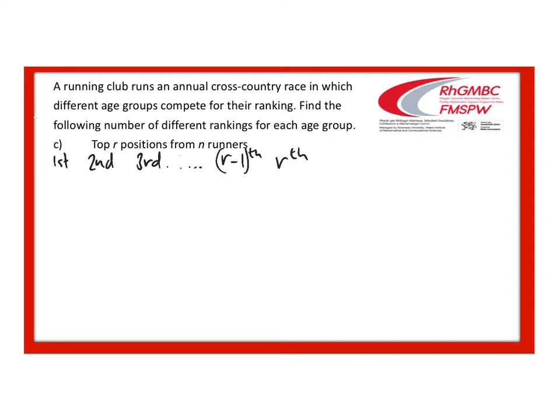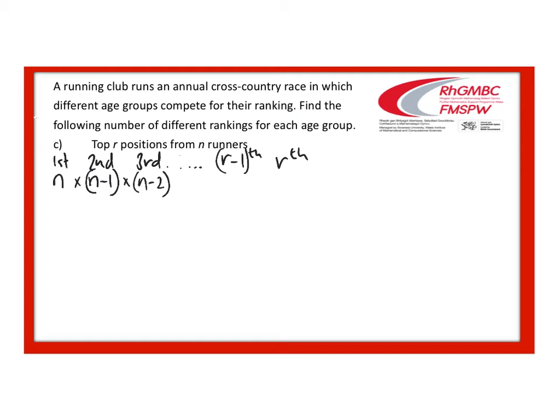So, in first position, we could have n runners, times by the number of runners that could come in second, so that's 1 less than the n runners, times by the number of people that could come in third, which is 2 less. And if you notice the pattern that we've got here, it's 1 less than the position. So in first position, instead of 1 less than 1 is 0, so n minus 0. In second position, we've got n minus 1, which is the same as having taken away 1 from the 2 in the second.